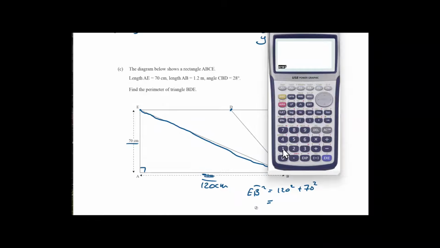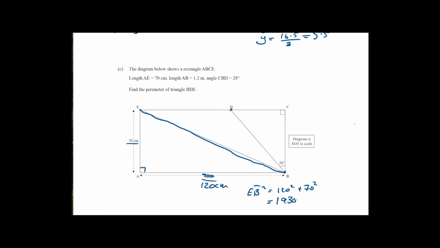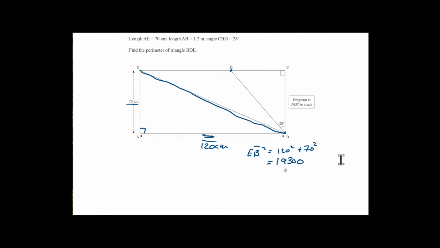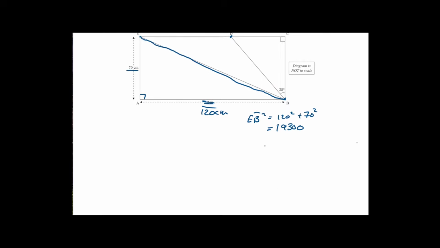I haven't noted down what it was. So 120 squared plus 70 squared is 19,300 centimeters squared, of course, and we need to take the square root of that.